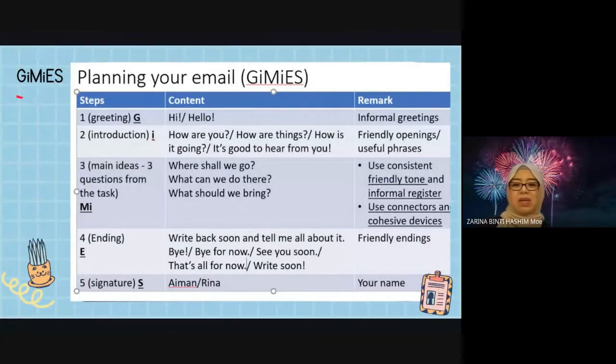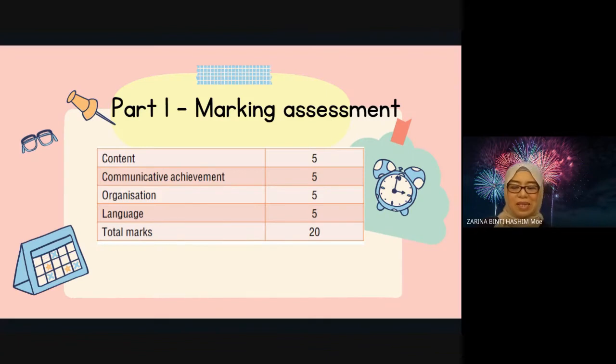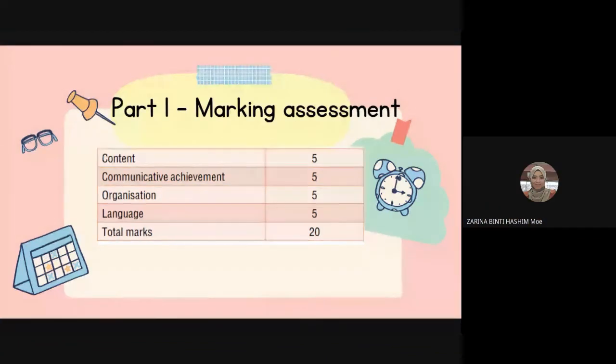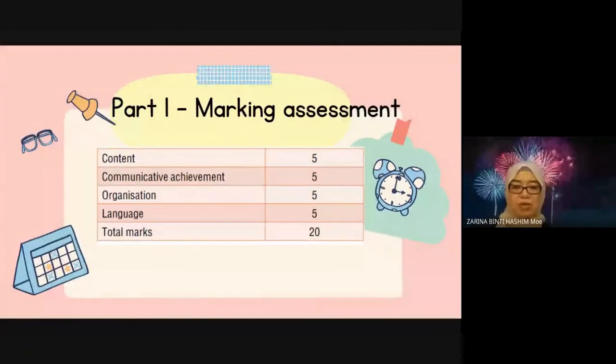Part 1, marking assessment. I've already mentioned there are total marks of 20. Content is 5, communicative achievement 5, organization 5, and language 5. That means when we mark your Part 1, we do not only look at your language, we also look at your content.